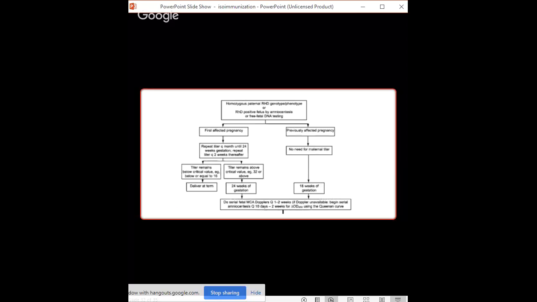So next, what we have is an outline or an algorithm which summarizes the management of a rhesus negative mother. So in the first box, you see that you have a homozygous paternal Rhesus D genotype, or Rhesus D positive fetus by amniocentesis or free fetal DNA. And then if you go to the left, you see your first affected pregnancy.